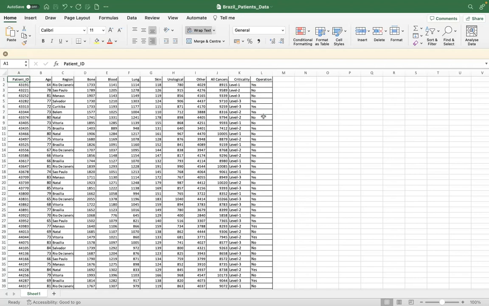But apart from age, I don't think we need where exactly they live, their address, or their medical history like whether they are smokers or not, whether they are drinkers, how many cigarettes they smoke per day, how many glasses of wine they drink every day, which people don't want to share outside the hospital group, or even with the hospital group.